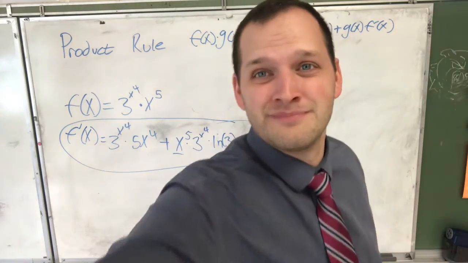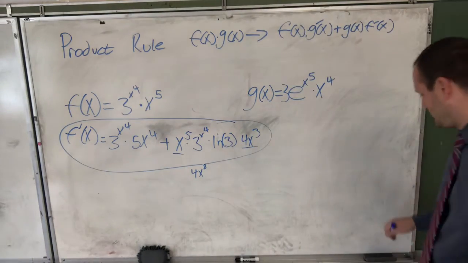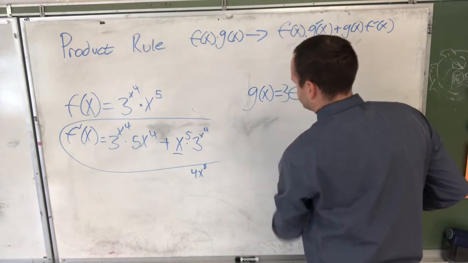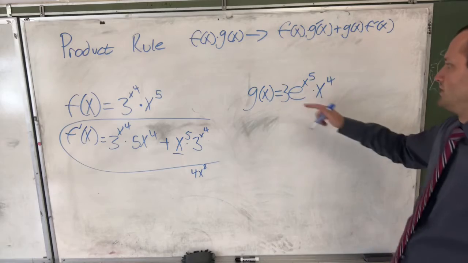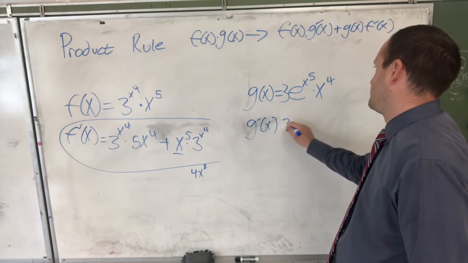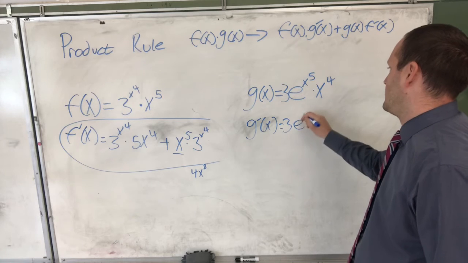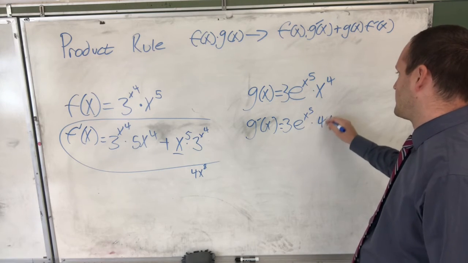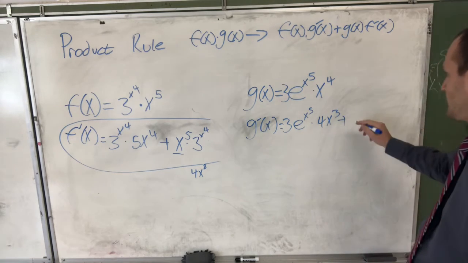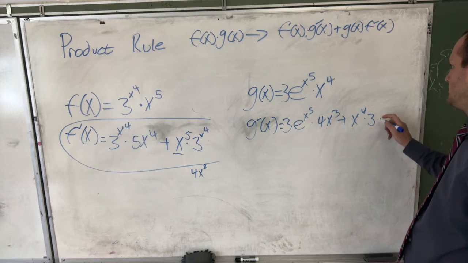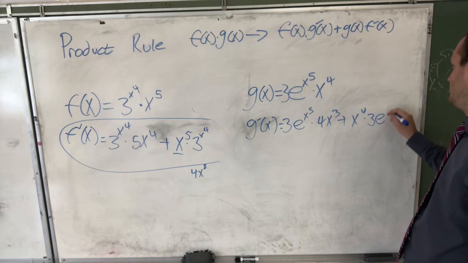Okay. Oh, we gotta try this other one. So this other one over here, I'm gonna erase this a little bit. All right, so we're gonna take the first, 3e to the x5 times the derivative of the second, 4x cubed, plus the second, x to the fourth, times the derivative of the first, 3e to the x5.